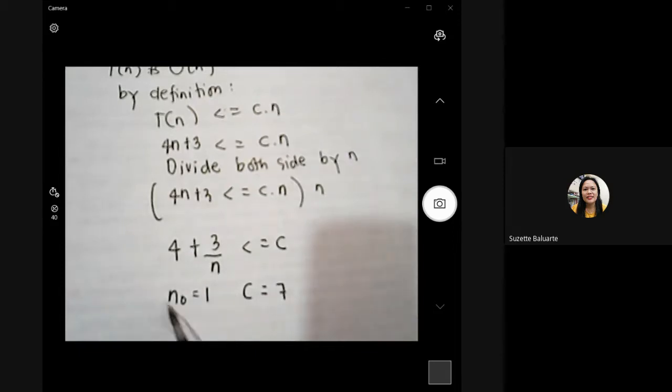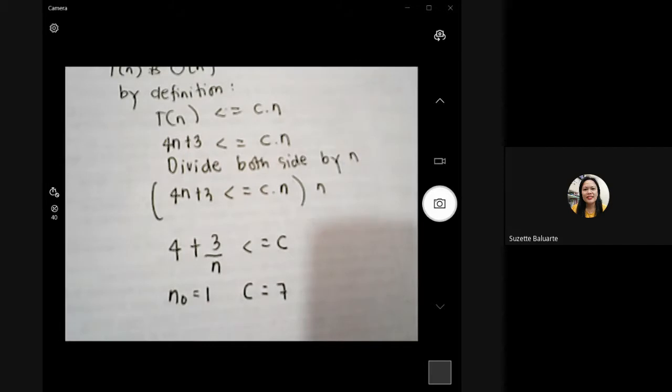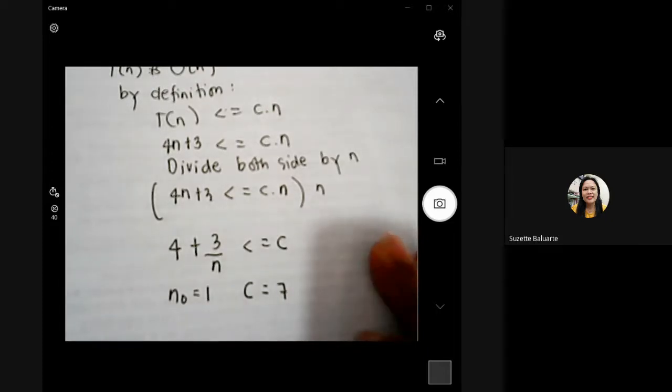We will not show it fully, but let's look at it. If n sub 0 equals 2, what is the value of your c? Compute. 3.5, miss. Let me type it so the value is clear. What is the value?